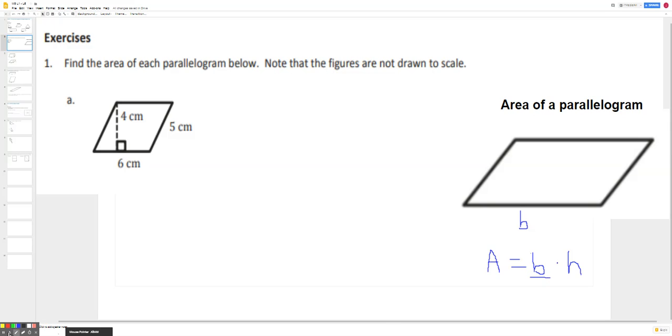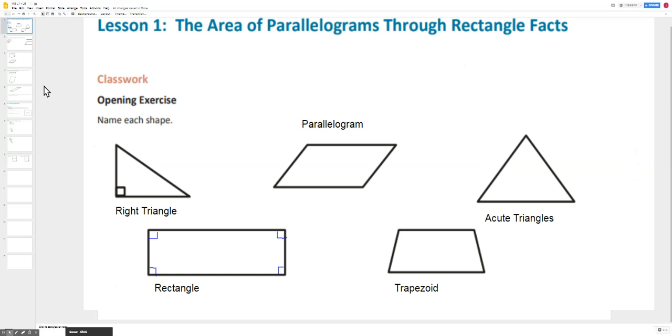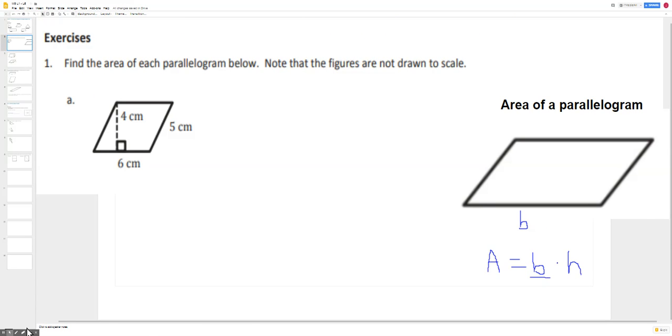And the height, well, if we go back to the rectangle, length times width, we need this 90-degree angle right here. There is no 90-degree angle on the parallelogram, so we have to create it. The 90-degree angle is simply a straight line from the base to its opposite.